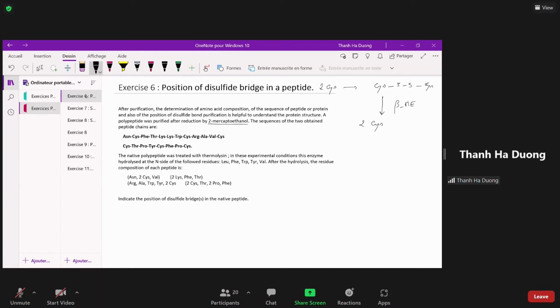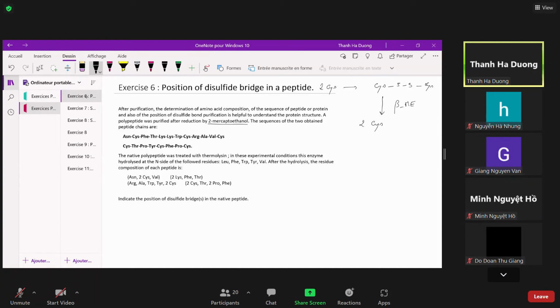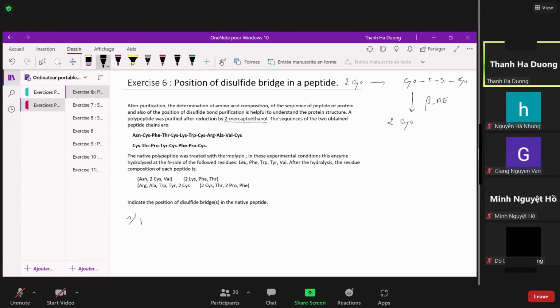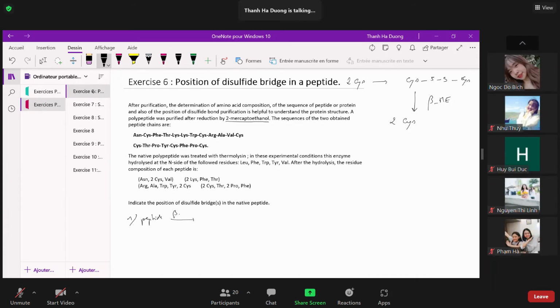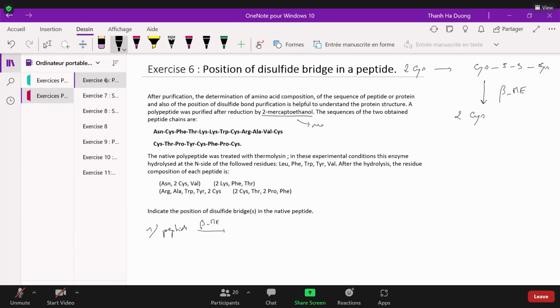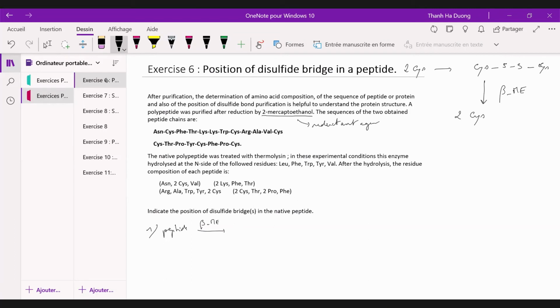So in the first experiment, you have the peptide. We put the reducing agent. Thermolysin.